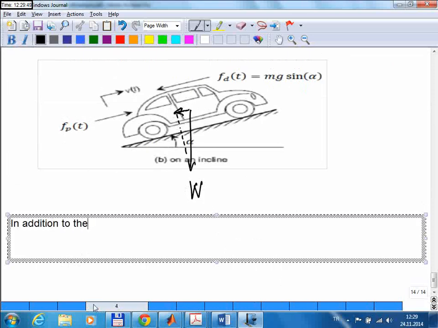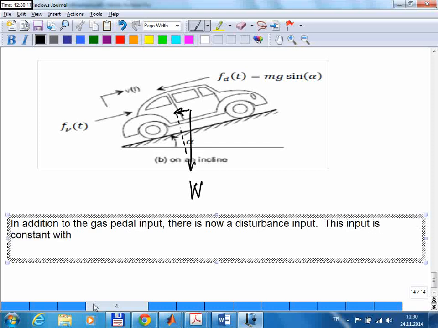So in addition to the gas pedal input, there is now a disturbance input. So if the inclination is constant, then the disturbance input will be constant as well. And this input is constant with magnitudes.